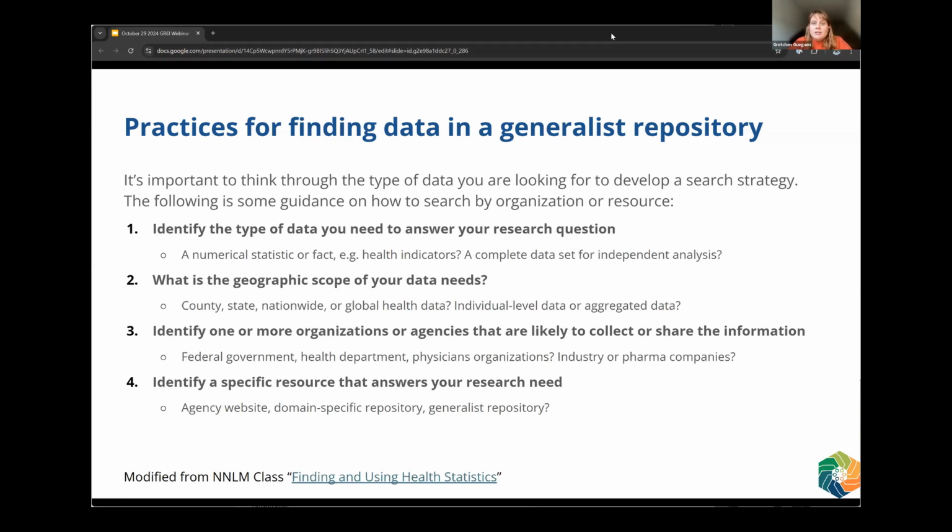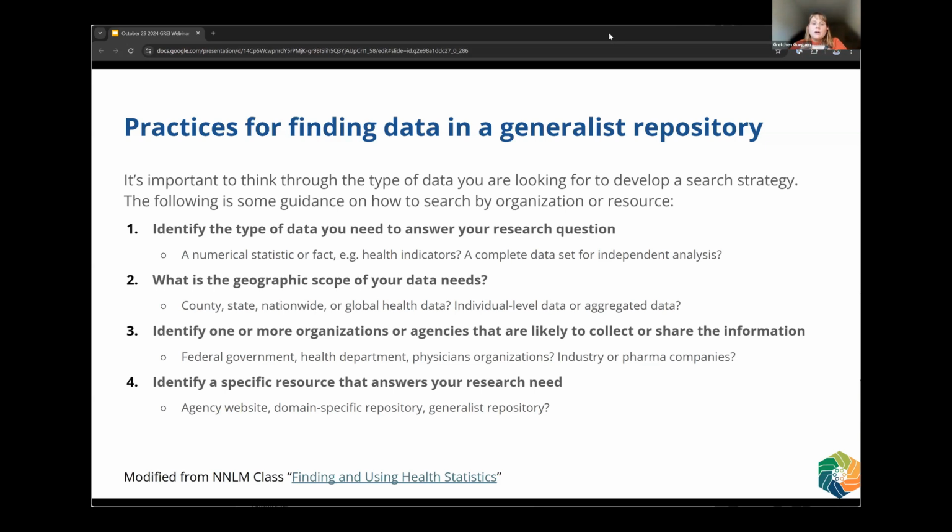You might also want to think about organizations or agencies that are likely to have collected or shared the kind of data you're looking for. What kinds of data are different federal agencies gathering? What is data that's gathered by health organizations as opposed to industry organizations?